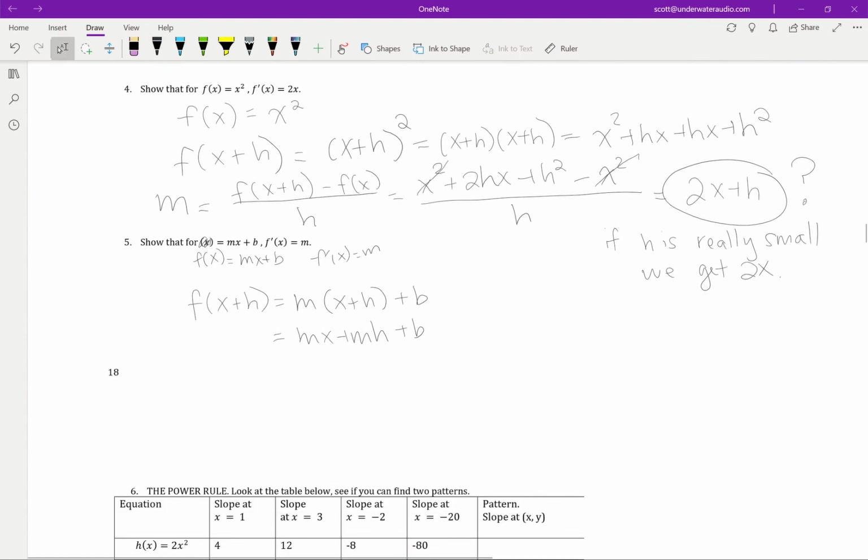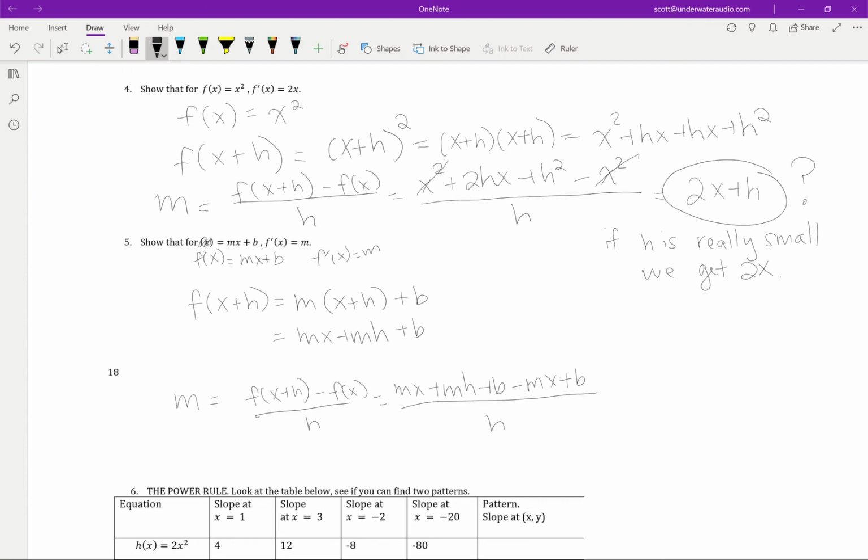Okay, so then difference quotient, m equals f of x plus h minus f of x all over h. So plugging stuff in, I know what f of x plus h is, mx plus mh plus b, minus f of x, which was just mx plus b, all over h.